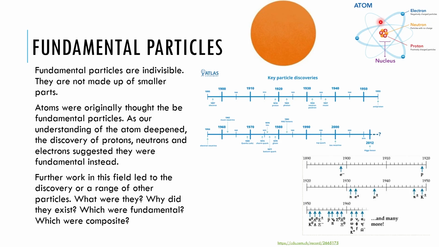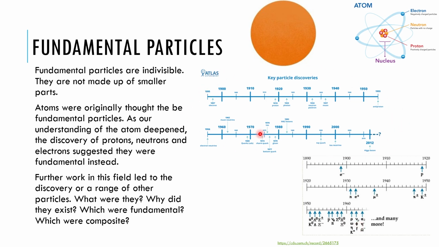We'll see too that the neutrons and protons themselves are also composite particles because they're made from smaller constituents as well. In this bottom timeline, you will see that there are the discoveries of various types of particles, some fundamental, most of them composite.